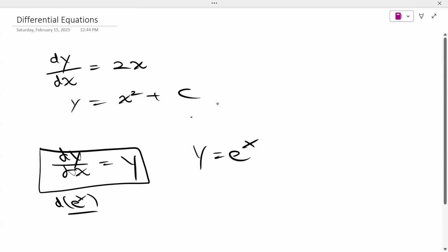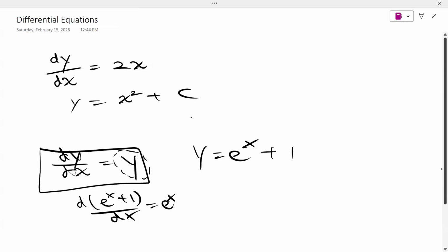Now notice e to the x plus a constant, say 1, is not a solution. The derivative of e to the x plus 1 is e to the x, but the right-hand side is e to the x plus 1. So left-hand and right-hand are not the same.